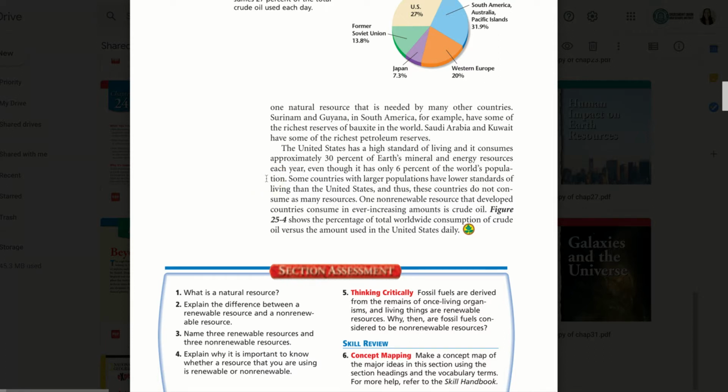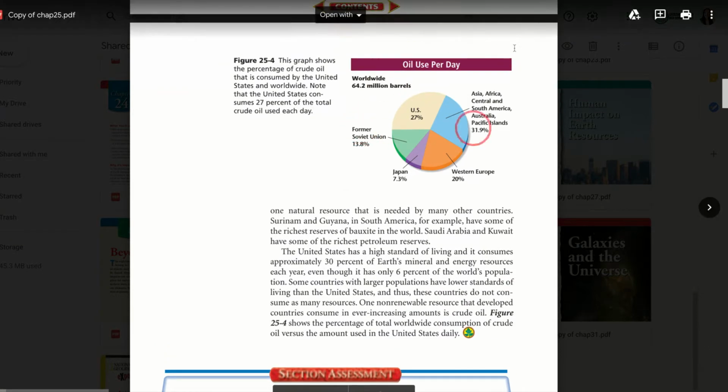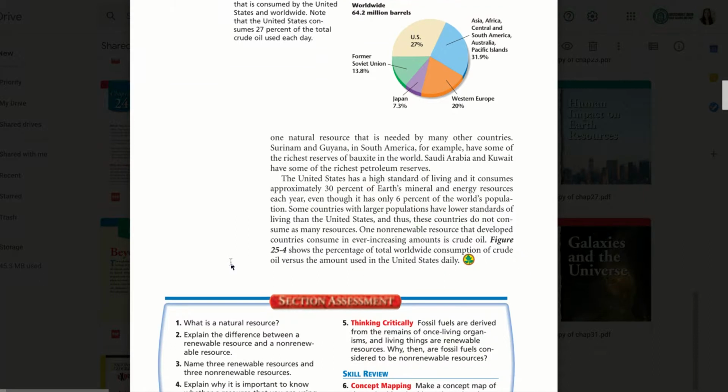Some countries with larger populations have lower standards of living than the United States, and thus these countries do not consume as many resources. One non-renewable resource that developed countries consume in ever-increasing amounts is crude oil. Figure 25.4, right here, shows the percentage of total worldwide consumption of crude oil versus the amount in the United States daily.